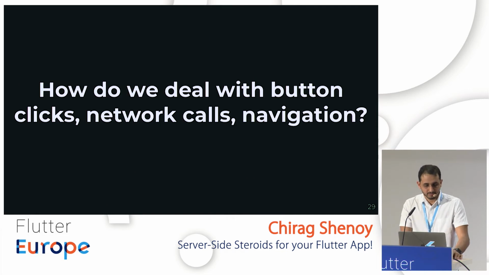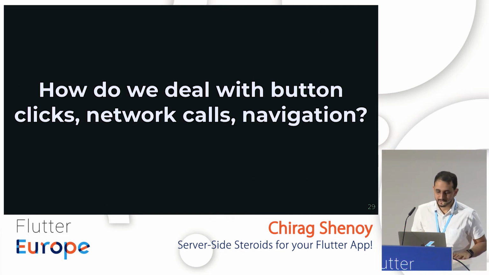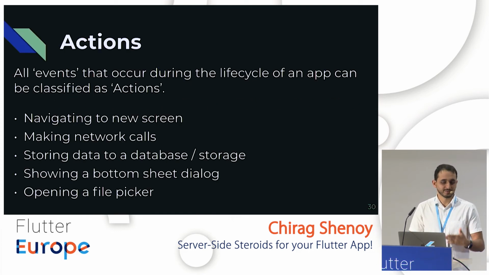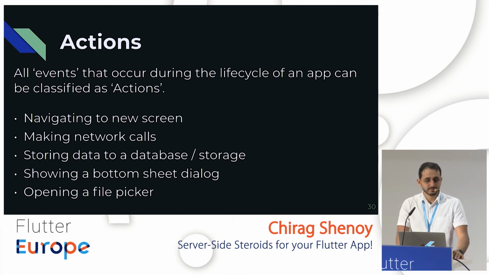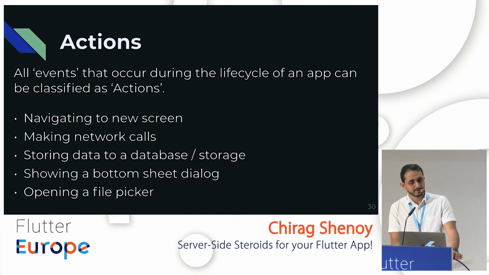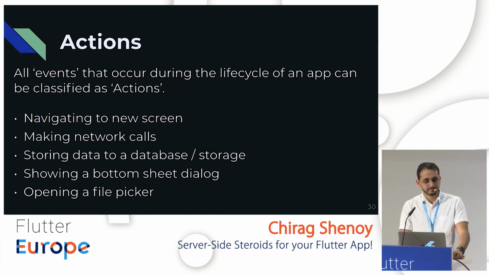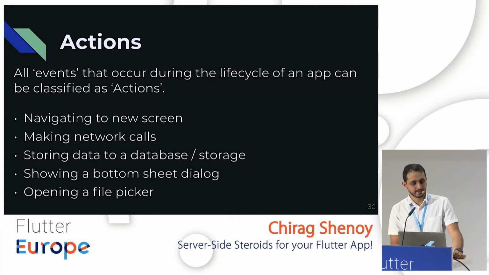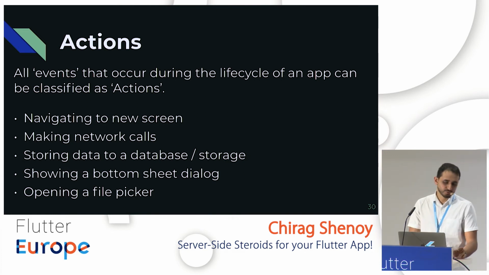So another problem that we had was how do we deal with button clicks, network calls, and navigation? Since I promised that everything is going to be controlled from the backend, even this is going to be controlled from the backend. So we have another term, actions or methods, you could call them. These are basically events that occur during the life cycle of an app. So things like navigating to a new screen, making a network call, storing data to the database, showing a bottom dialog sheet, all of these can also be represented as JSONs, right?